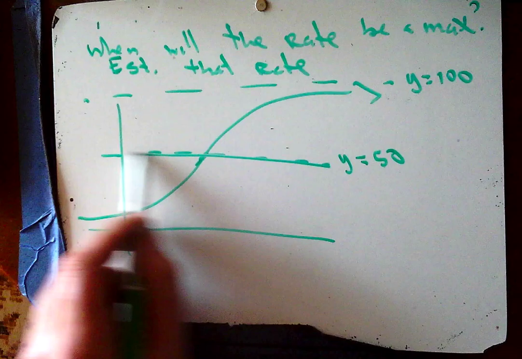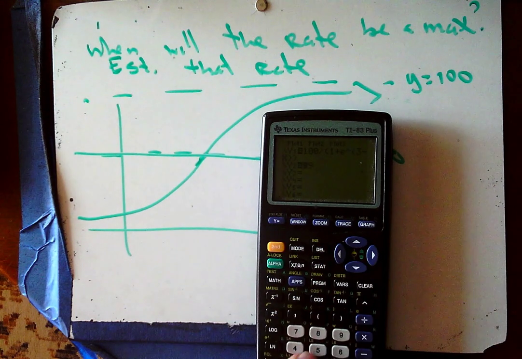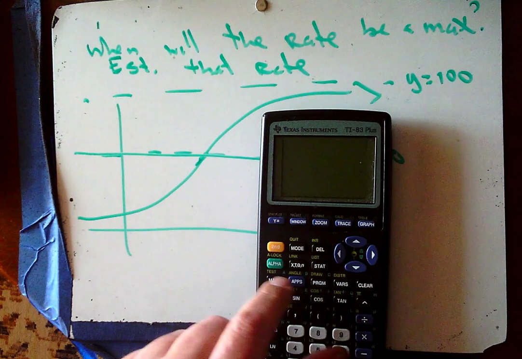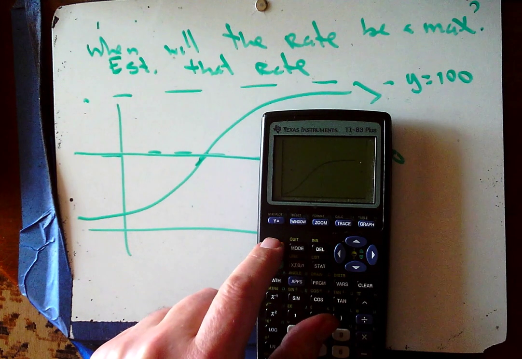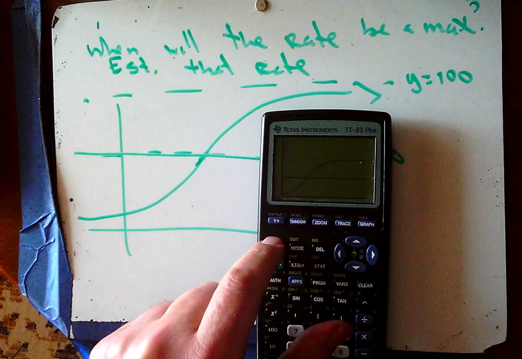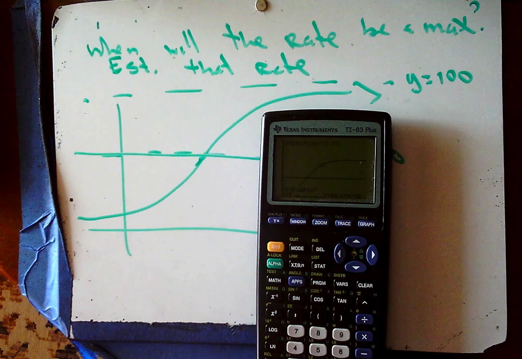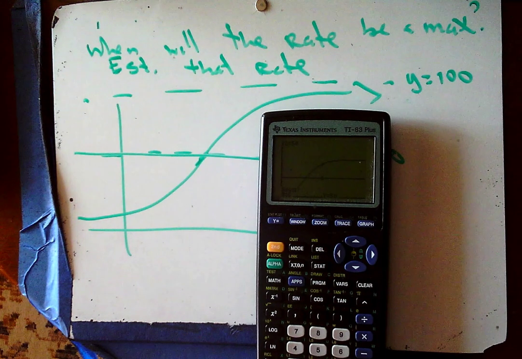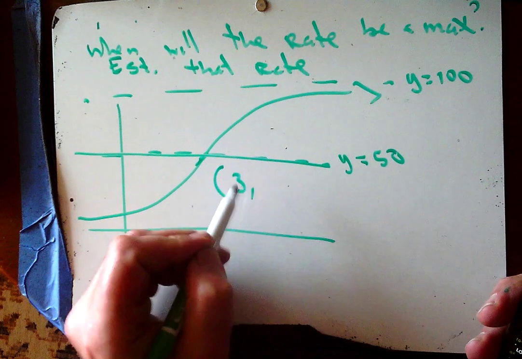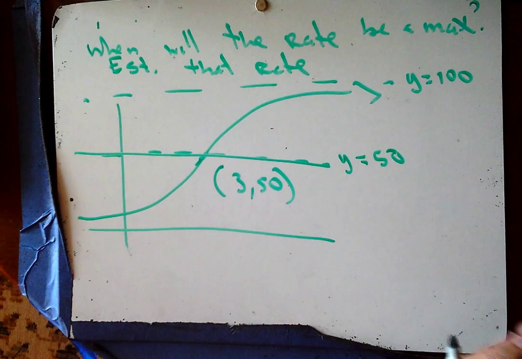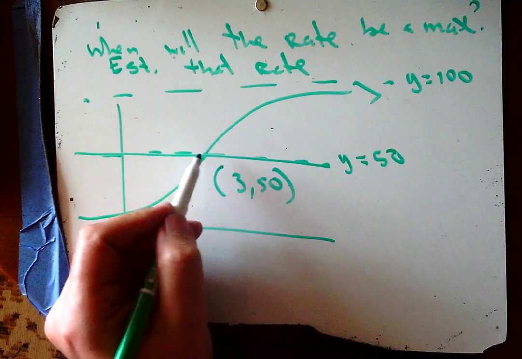And so my inclination would be just to graph 50 and do second, calculate, intersect, and I end up with 3, 50 here. So after 3 days, the rate at which people are being infected is greatest.